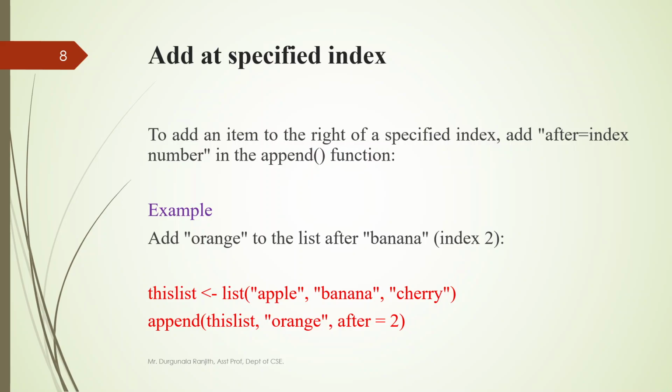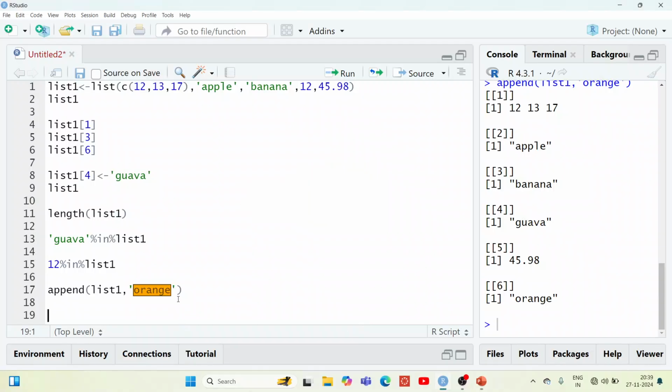Suppose you need to add at a specific position, then you have to use the after argument. If you want to add a particular element at the third position or fourth position, then you have to use an argument that is after. For example, append list 1.